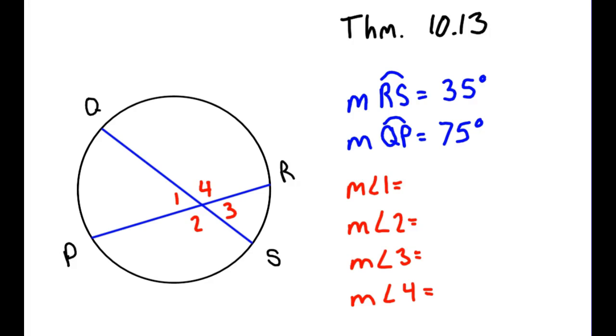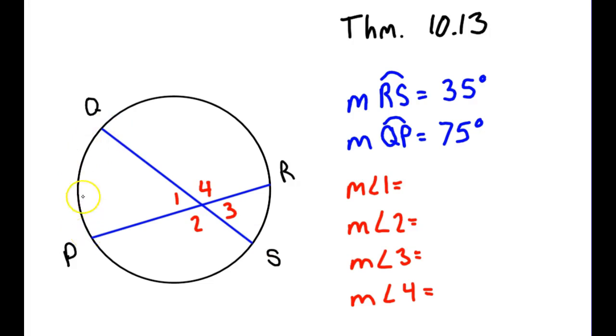In this next example, we're going to use theorem 10.13, which deals with two chords intersecting inside the circle, and then we can find the values of the angles that are created. In this problem, we know the measure of arc RS is 35 degrees, and the measure of arc QP is 75 degrees. So first, if we want to find the measure of angle 1, this theorem tells us we have to use the two arcs that angle 1 intercepts, which would be arc RS and arc QP.